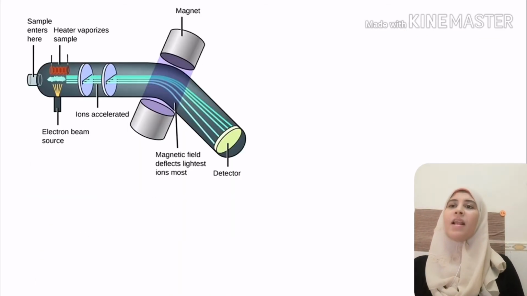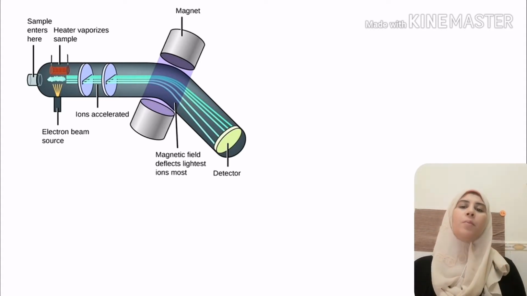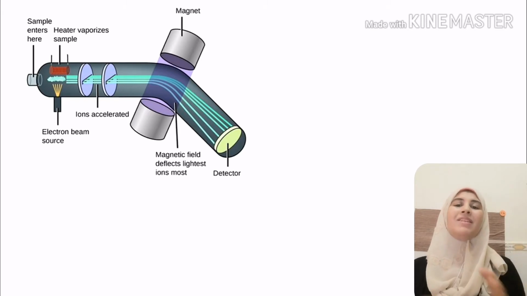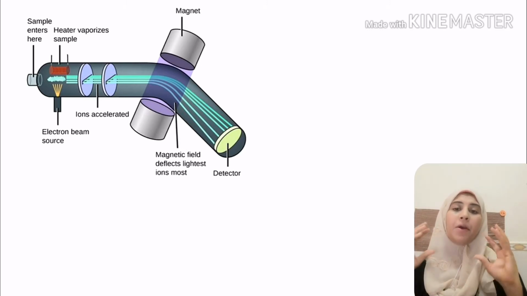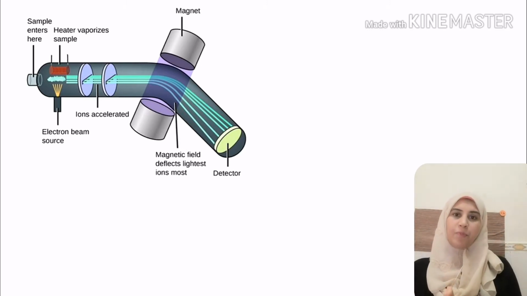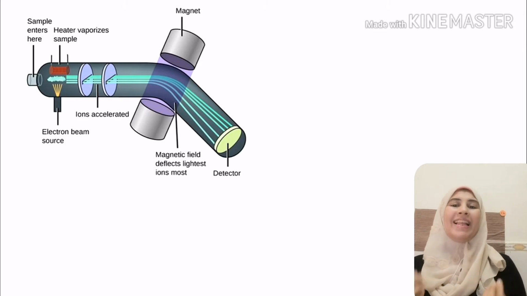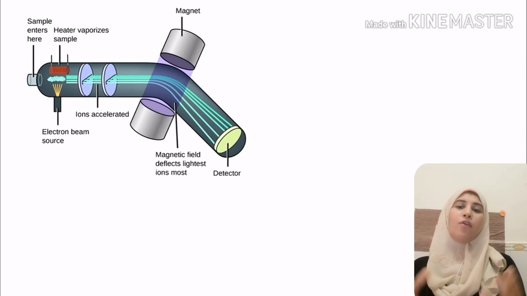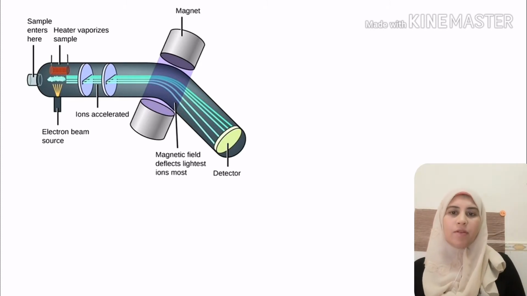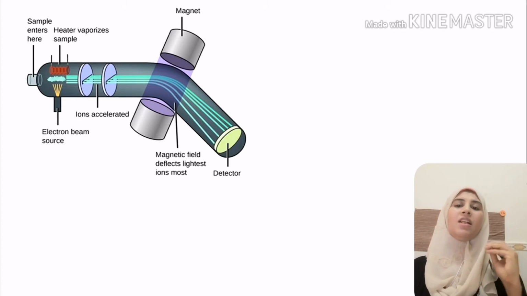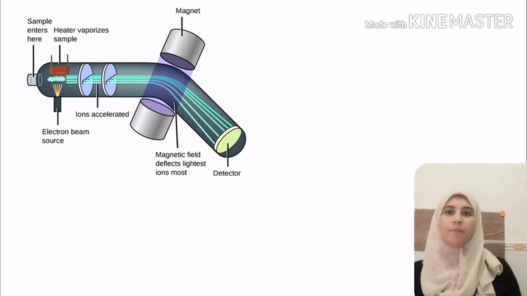At first, we have the mass spectrometer. The mass spectrometer is an instrument used for calculating the average atomic mass of any element. For example, I will take a sample of carbon from the crust, just from the ground, and put it in our mass spectrometer.